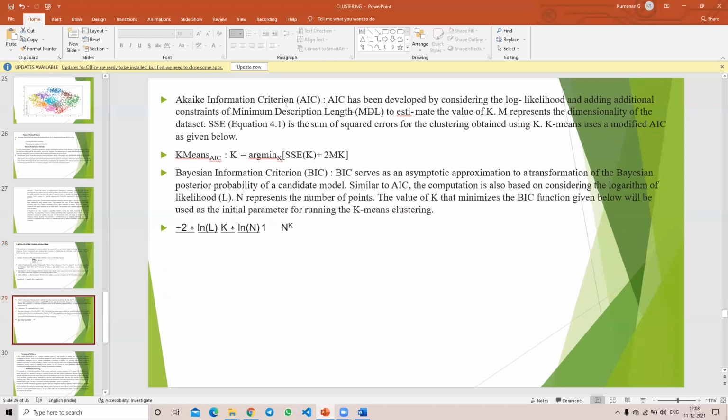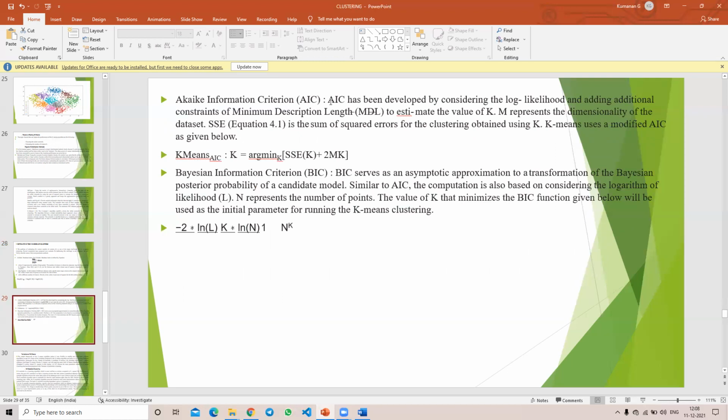Next, Akaike information criteria. AIC has been developed by considering the log likelihood and adding additional constraints of minimum description length, MDL, to estimate the value of K. M represents the dimensionality of the dataset.